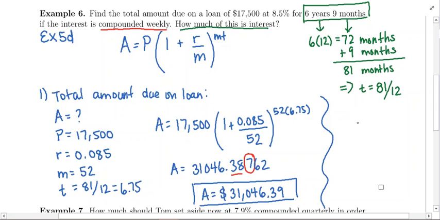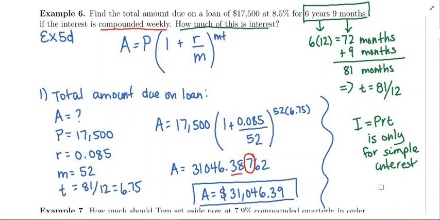That formula, I equals P times R times T, is only for simple interest. You cannot use it here, because this is compound interest. If you plug it into I equals PRT, you're going to get an incorrect answer.